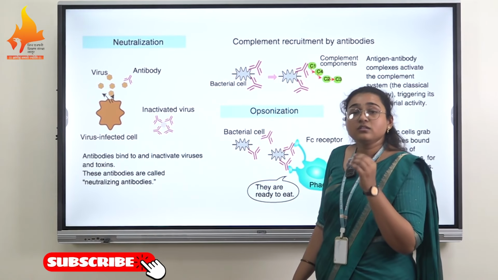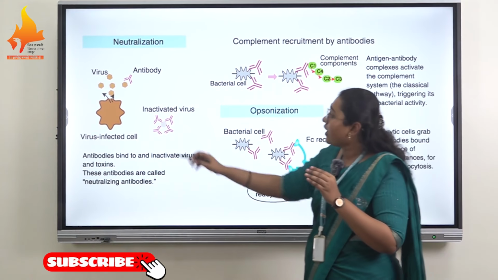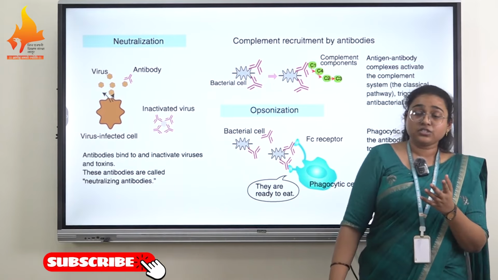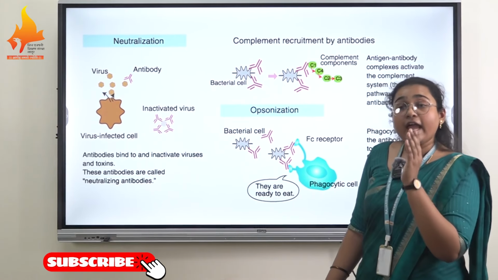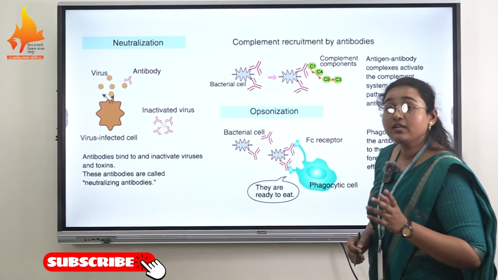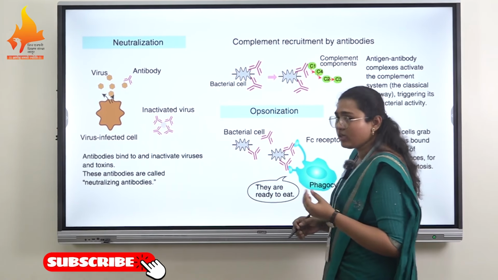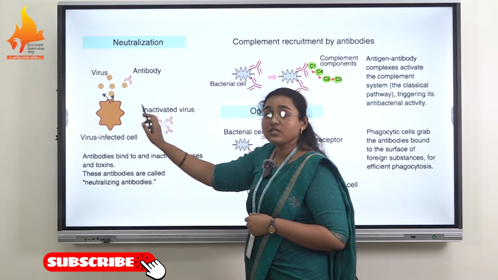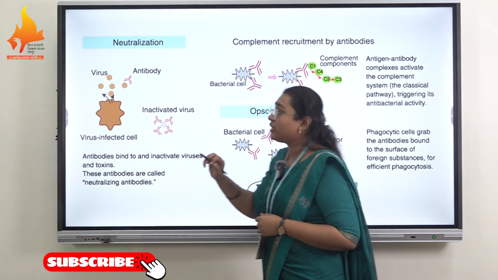In neutralization, the antibody can neutralize virus particles as well as toxins. Via neutralization, the antibody blocks the active binding site of that virus particle or toxin, and prevents infection inside the body, prevents the disease. So the first function of antibody is neutralization.